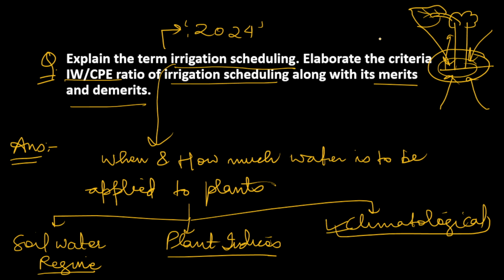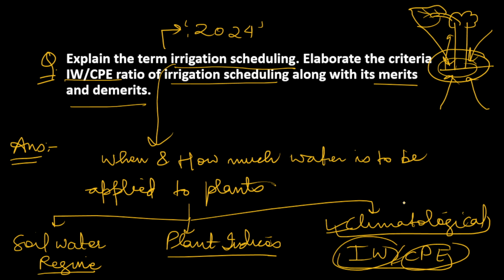And in the question, you see, it asks to elaborate the criteria of IW CPE. This IW CPE is kept in the climatological approach only because it measures the cumulative pan evaporation. CPE is cumulative pan evaporation, and IW here is irrigation water. So that is what IW CPE is, and we keep it in the climatological approach.